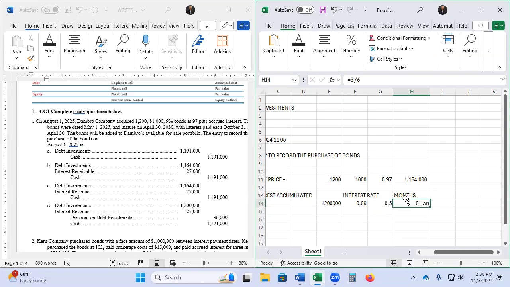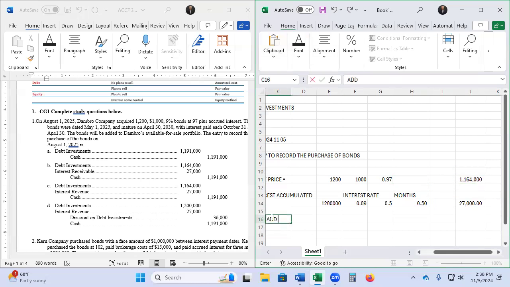And so when I put in 3 divided by 6, I get 0.50. And so multiply all this out. And we get 27,000.